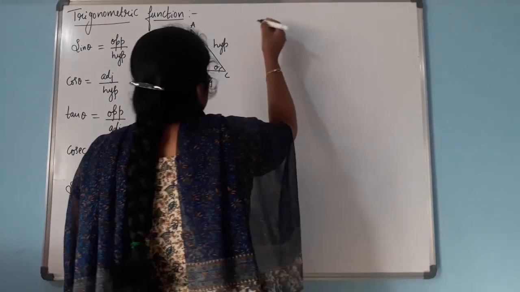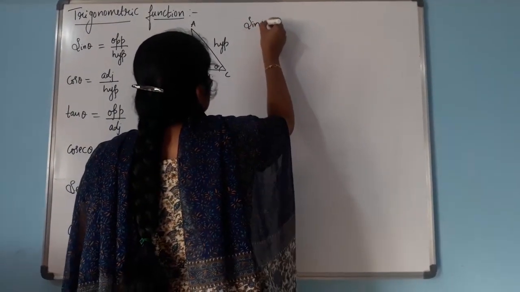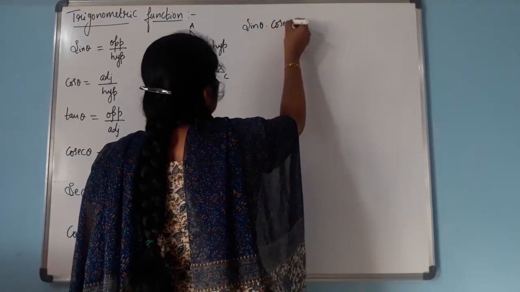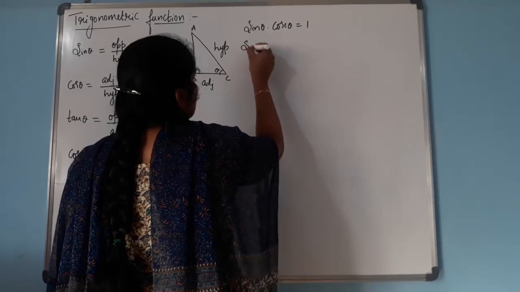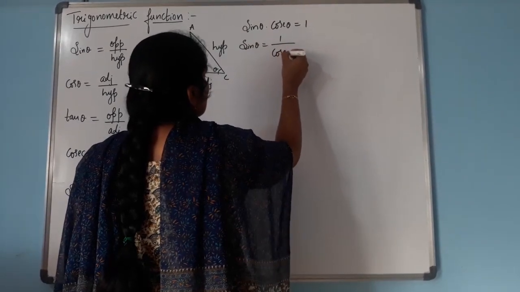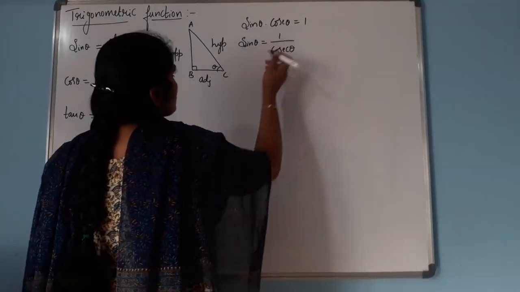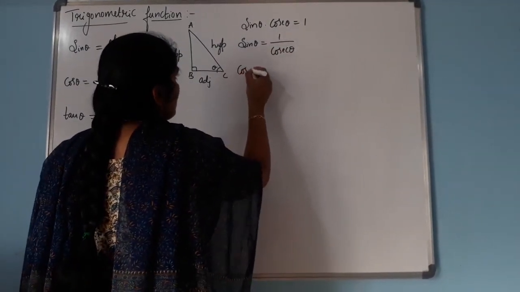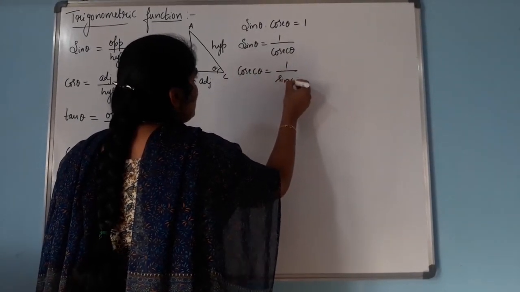Let us know the relation between sine and cosecant. Sin theta into cosecant theta is equal to 1. So sin theta is equal to 1 by cosecant theta, or cosecant theta is equal to 1 by sin theta.